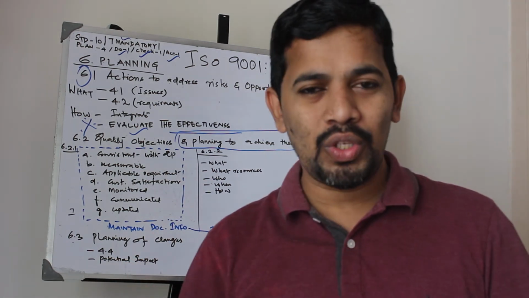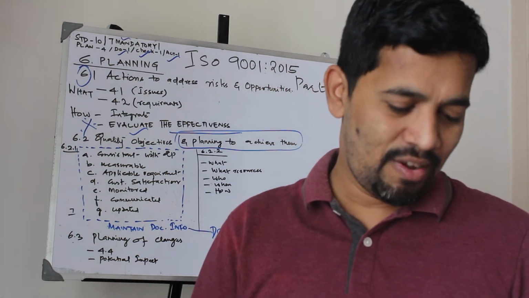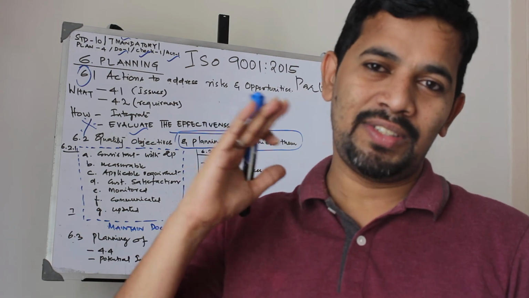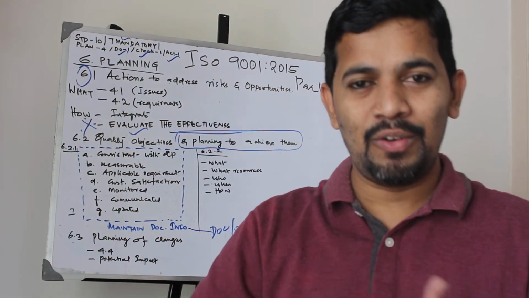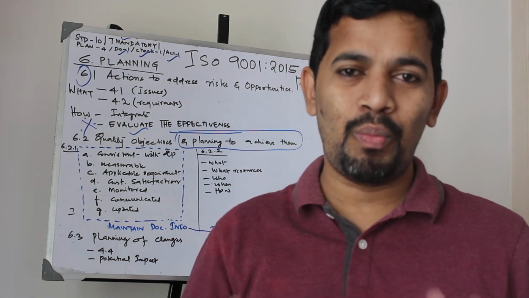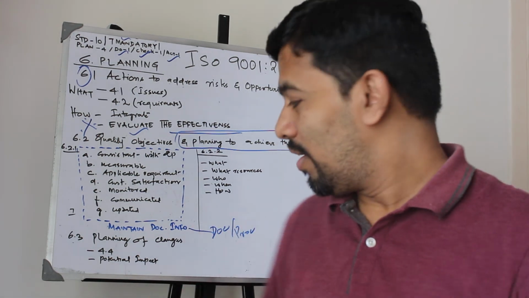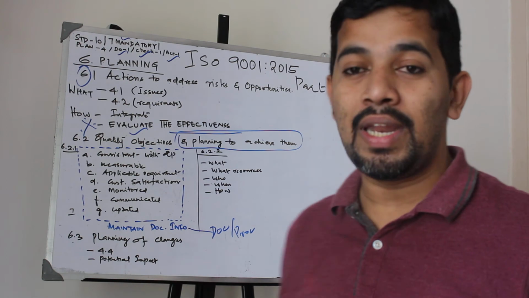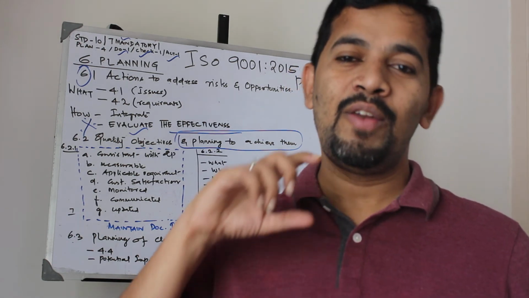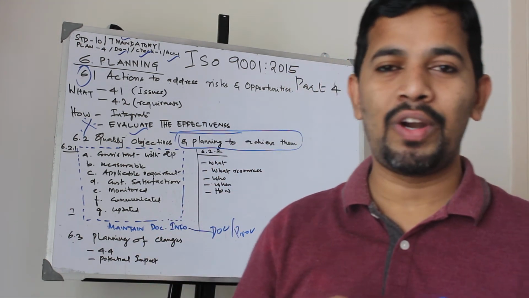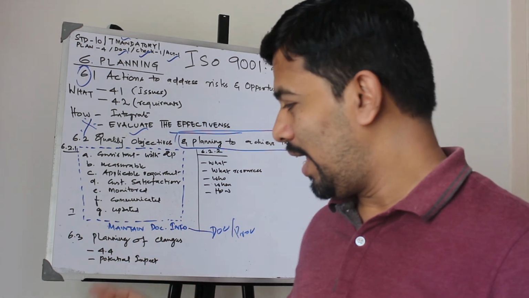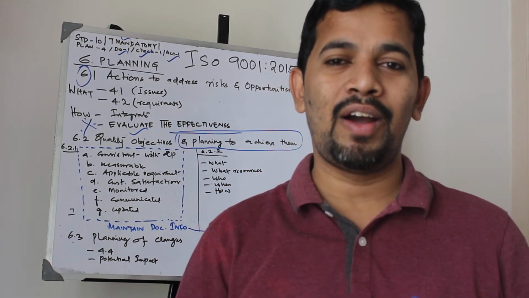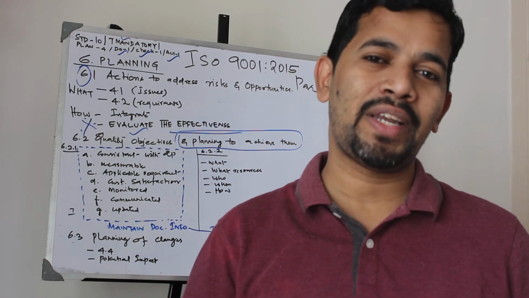Whenever we are making any change, whether it's a breakthrough change, a complete change, or a change coming from any sort of improvement, we need to find out the potential impact, and then we have to address those things. So in 6.3, we need to find out the potential impact and arrest it.